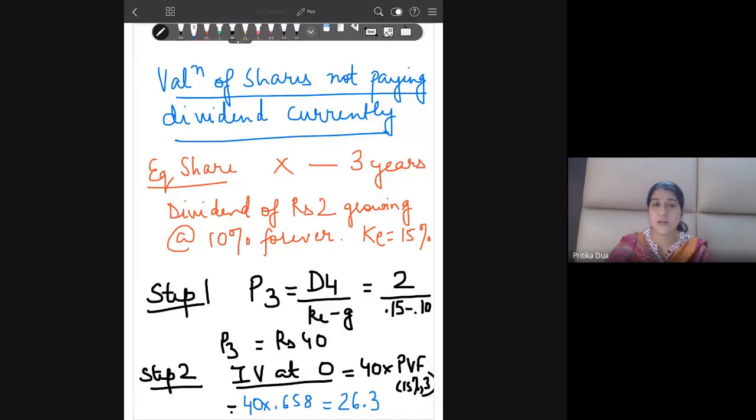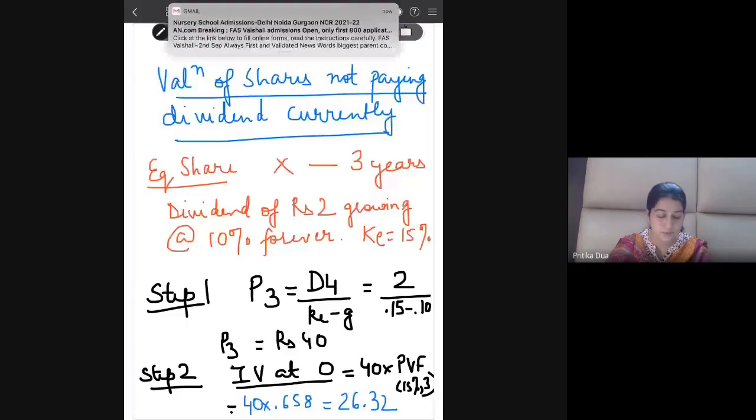This was similar to the second and third step which you were solving in the previous case. Okay, that you calculate the value of share at the end of the varying growth rate. Here you are calculating at the year after which the dividend stream will continue forever, and then you discount it to 0 point of time.